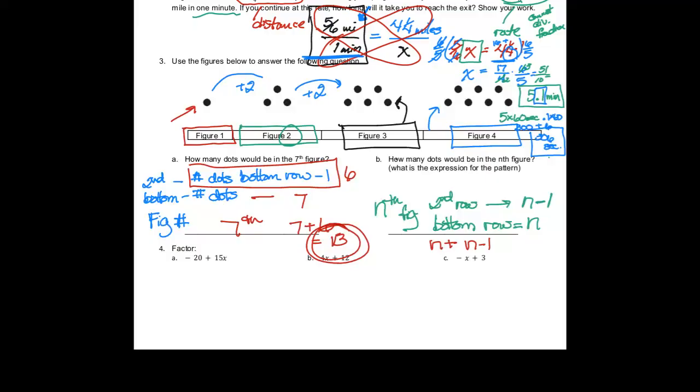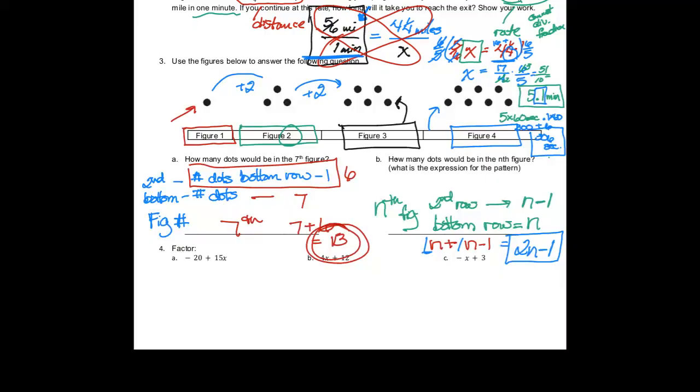What's my coefficient? Well, this right here is 1, and when you add them together, you get 1n plus 1n is 2n minus 1. Okay? So the bottom number of dots is the same as your figure value, which in this case was n. The next row above it is always 1 less. Add those together, and that gives you your total.